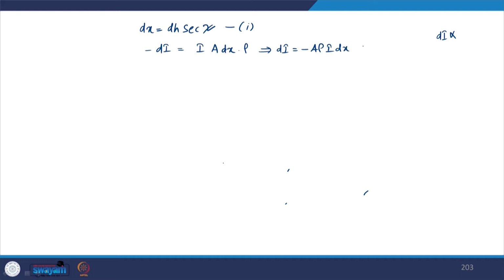Okay. So from the earlier equation we can replace dx in terms of dh, so dI is equal to minus A rho I dh secant chi.